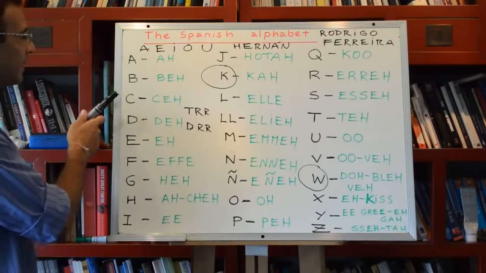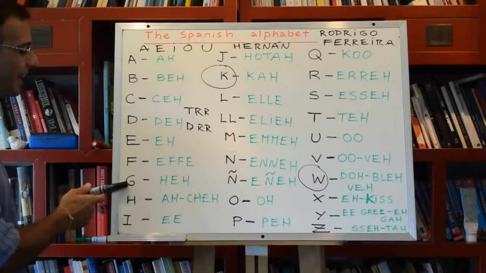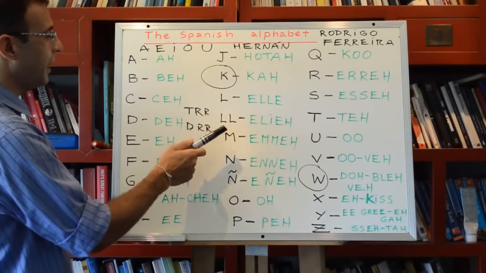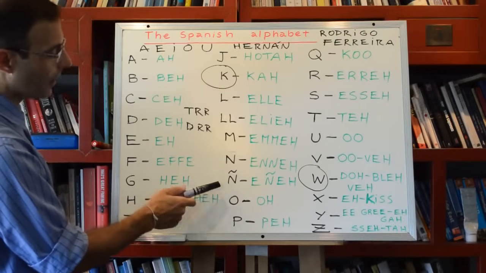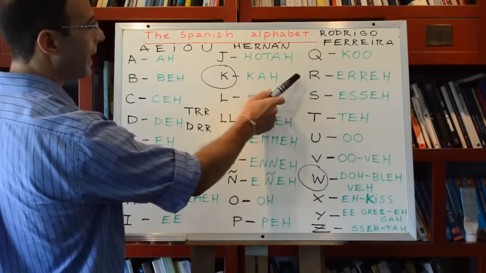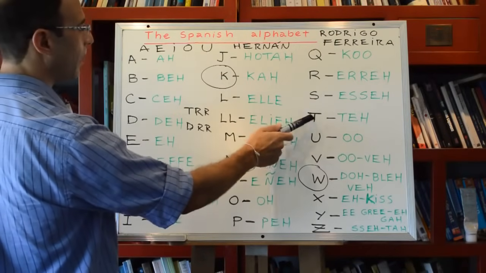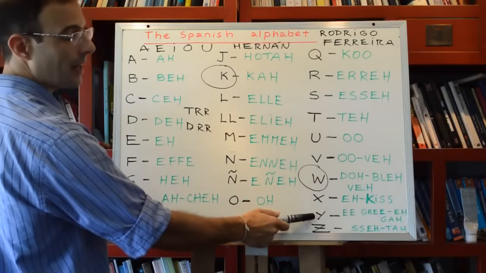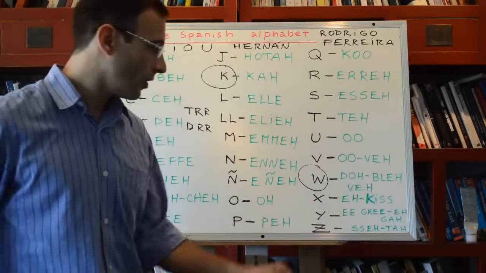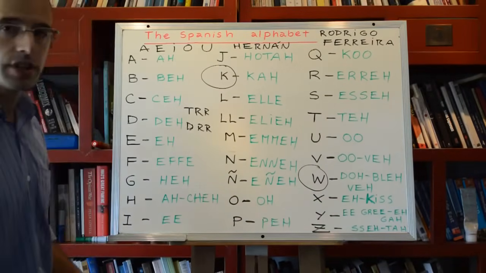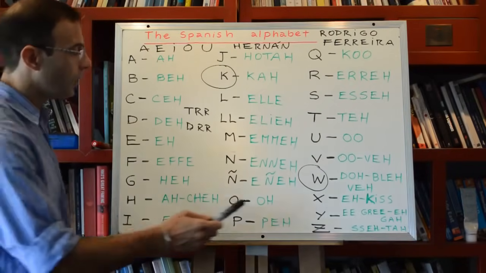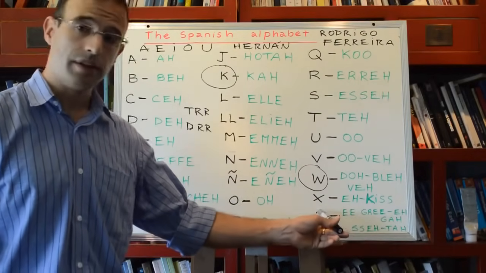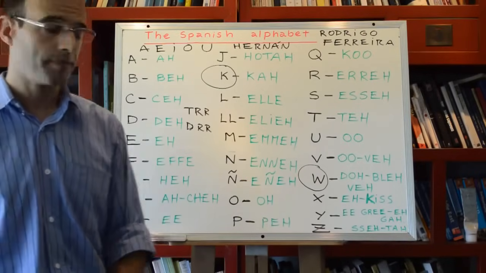A, B, C, D, E, F, G, H, I, J, K, L, L, M, N, Ñ, O, P, Q, R, S, T, U, V, W, X, Y, Z. This Y, to differentiate it from letter I, we call it Greek I. Y is called Greek I. Why?